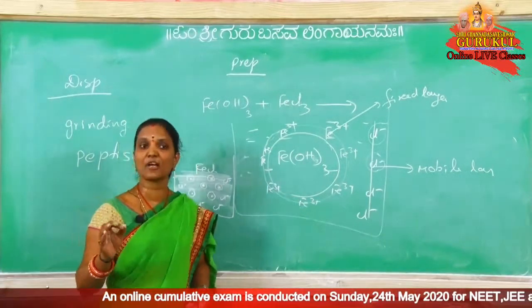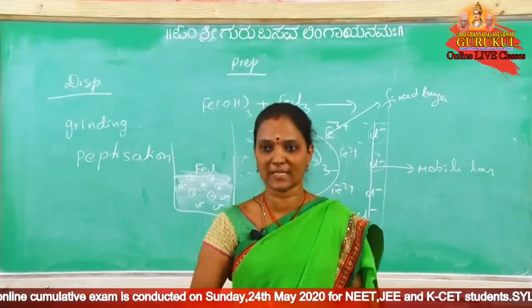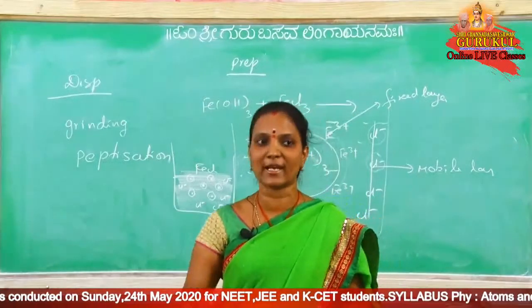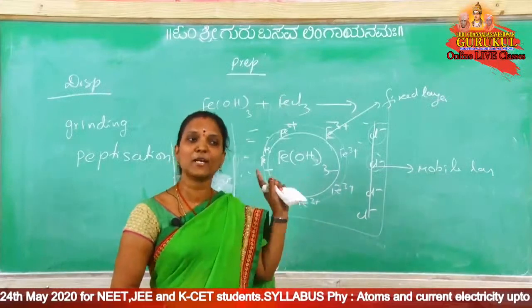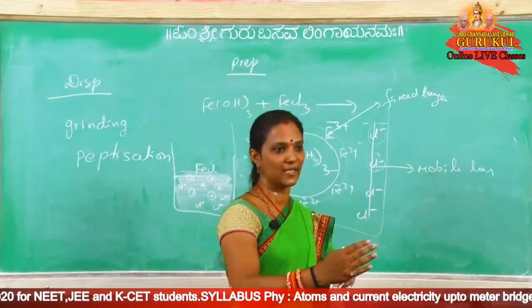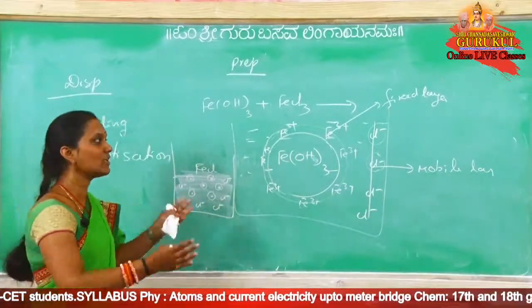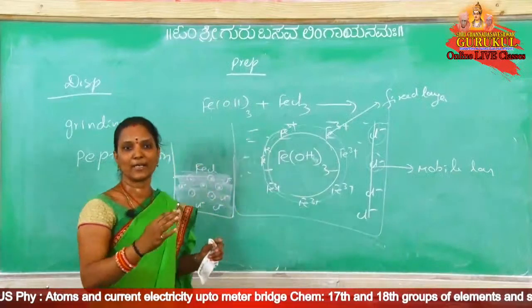So the process of conversion of freshly precipitated or freshly prepared precipitate to colloidal solution by adding a suitable electrolyte with common ion, that process name is peptization. So peptization is how we prepare this colloidal solution. One big precipitate is given, and that precipitate breaks down into colloidal solution.